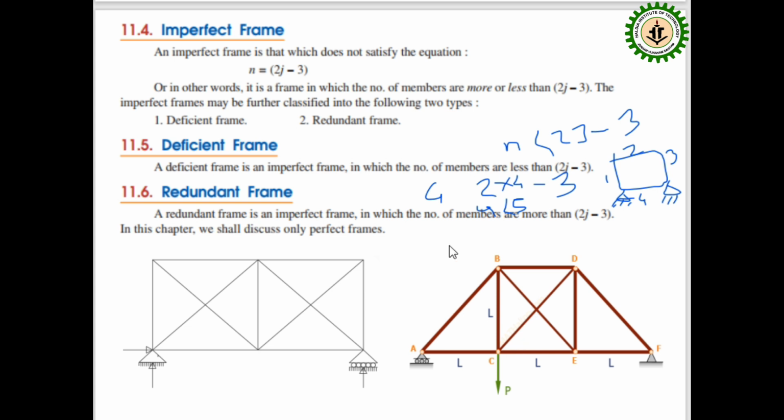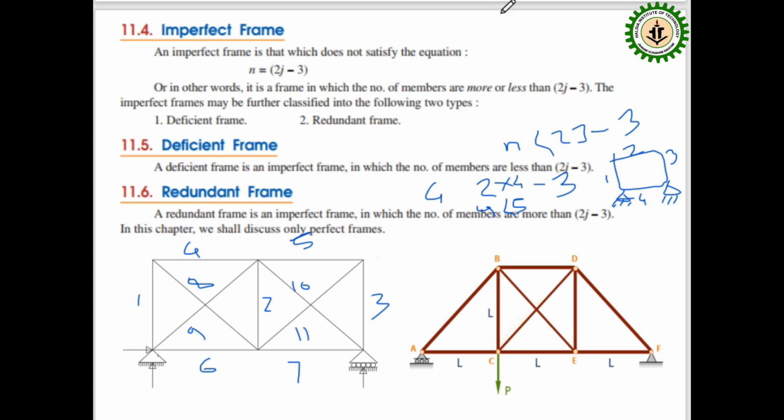So here if we consider this frame, the number of members is 1, 2, 3, 4, 5, 6, 7, 8, 9, 10, 11.